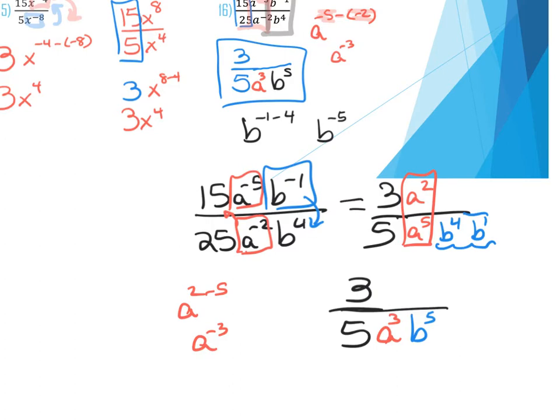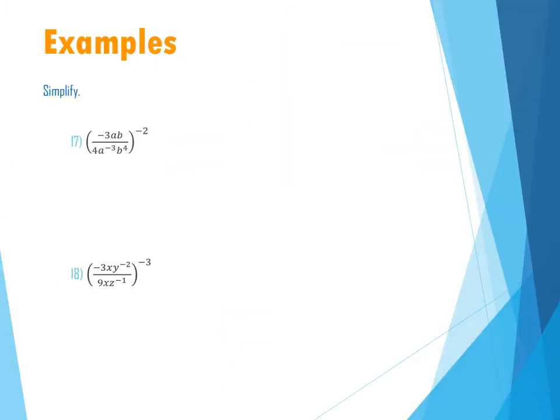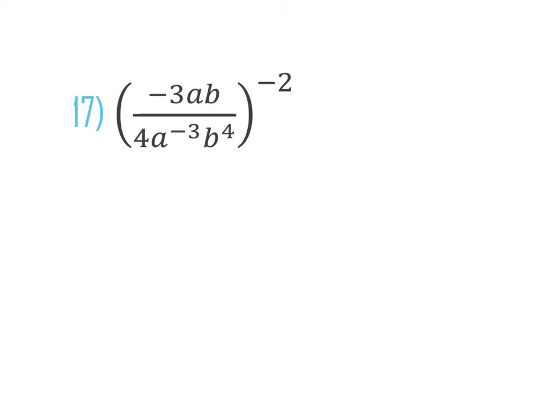Okay, thank you. All right, two more. Let's do 17 and 18. All right, so again, we have a fraction that's raised to a negative exponent. Soon as I see a fraction raised to a negative power, I'm flipping it to its reciprocal.